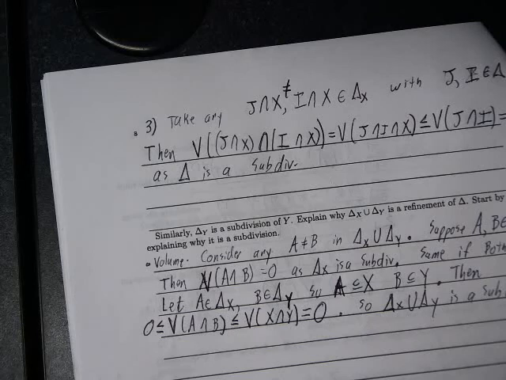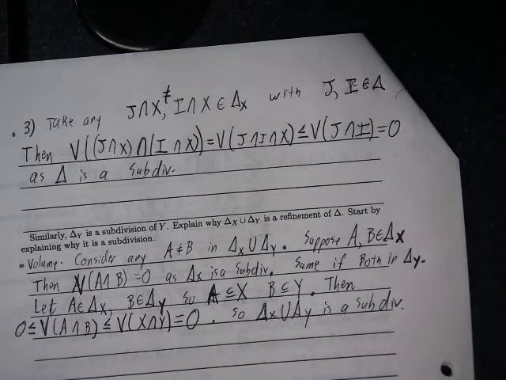And now let's think about why it's a refinement of delta. So what does it mean to be a refinement of delta? For everything in delta x union delta y, there is something in delta that contains that.